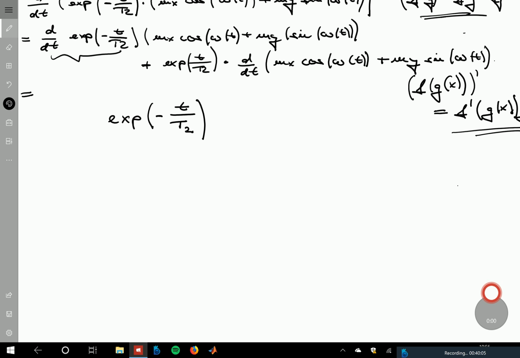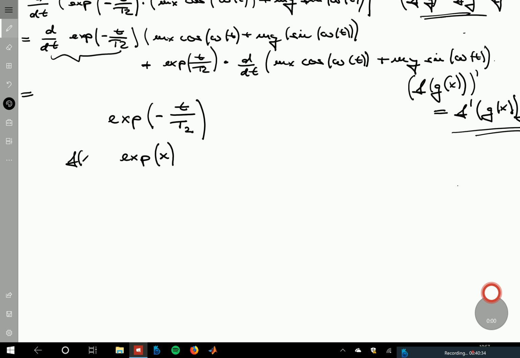Can you be more explicit? Exponential is correct. The exponential function of something, of x, for example.